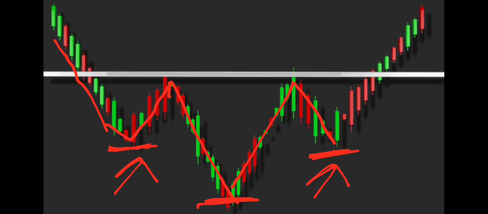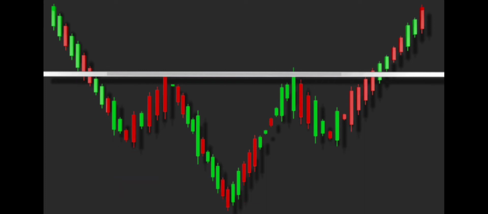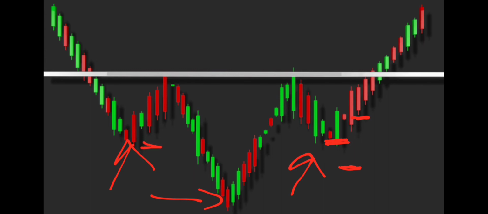So this is the first shoulder, this is the head, and this is the second shoulder. The second shoulder, which is this place, can be a bit lower or a bit higher than the first shoulder. It doesn't really matter.